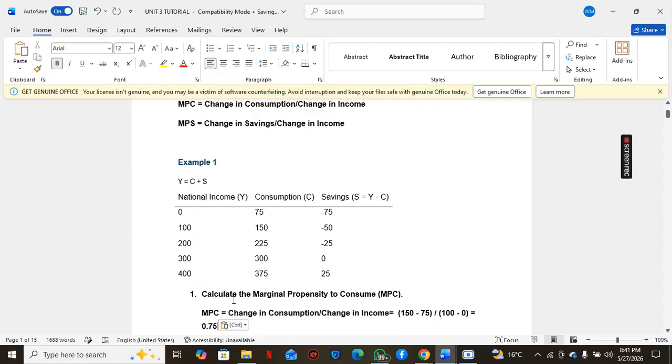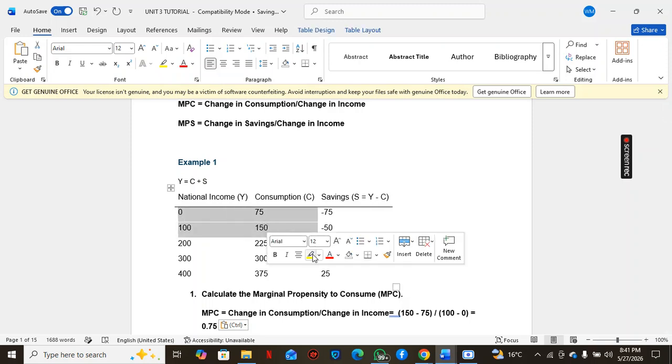You're going to pick 2 points for the change in consumption and change in income. We're going to pick these 2 points here. You can pick any two of your liking from the table.